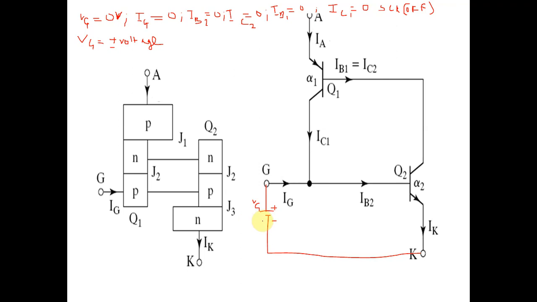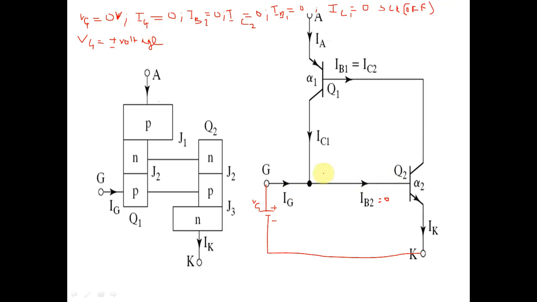So if Vg is equal to 0, then Ig becomes 0. So Ig becomes 0, so Ib2 becomes 0. This Ib2 is nothing but the base current of Q2 transistor. If Ib2 is equal to 0, then IC2 becomes 0, and this IC2 becomes 0, then Ib1 becomes 0, so Q1 also is 0. See here, when Vg is equal to 0 volts, Ig is 0.